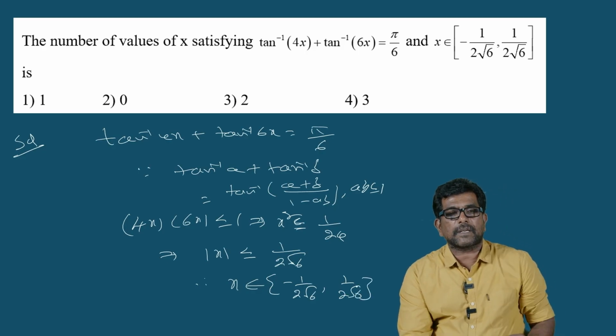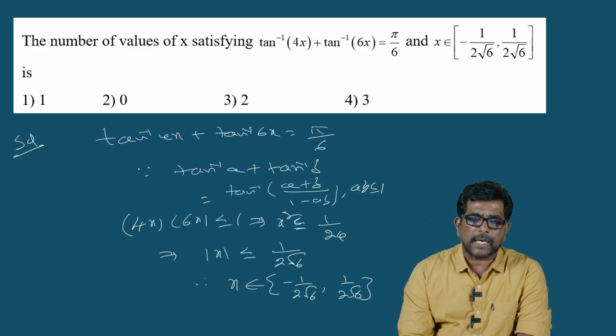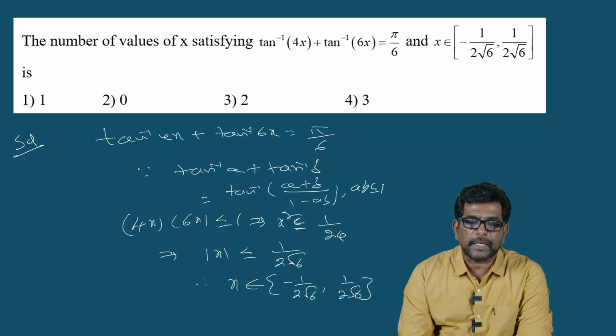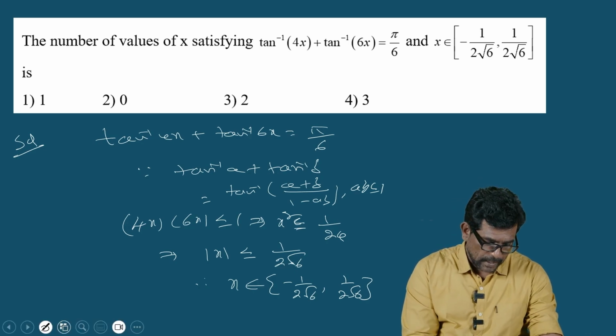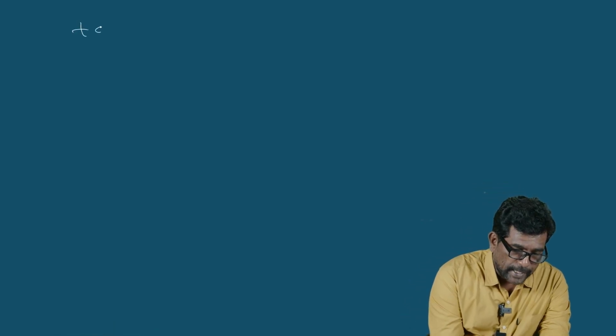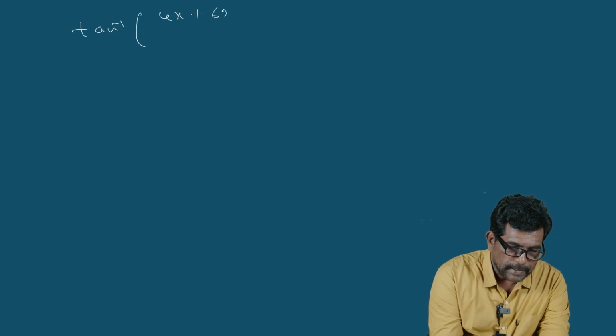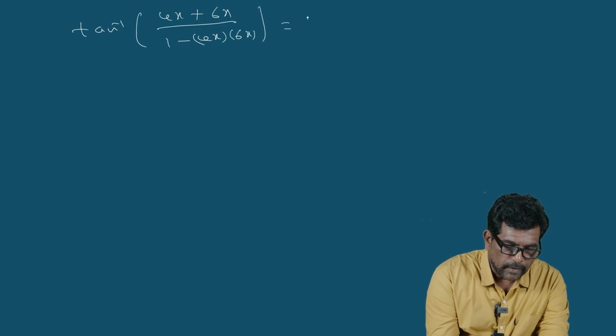So in the given interval, we are able to apply the formula tan inverse a plus tan inverse b is equal to tan inverse of (a + b) upon (1 - ab). Using this formula, it is very simple to calculate. Here we write tan inverse of (4x + 6x) upon (1 - 4x into 6x) is equal to pi by 6.